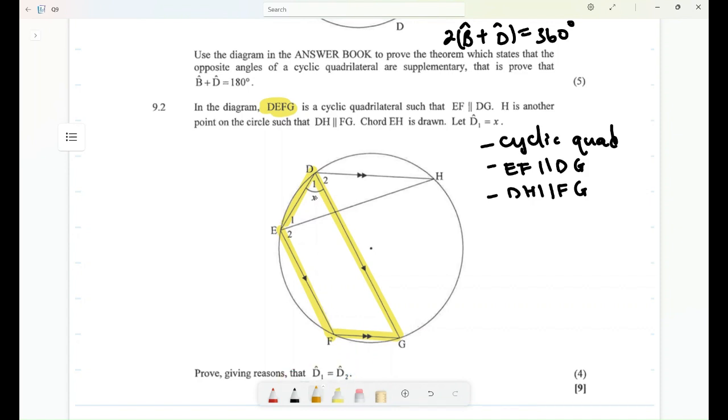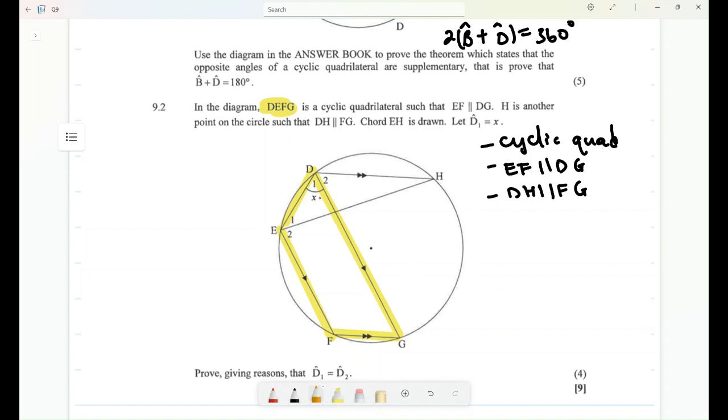D1 and D2. Give reasons why D1 is equal to D2. Now all the properties that we see there, of the cyclic quad, the parallel lines, and all of those things, we should use them, because the examiner will never give us information that we'll never use. But how can we go about that one?